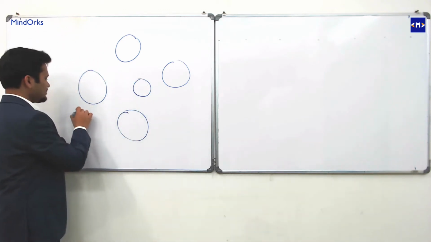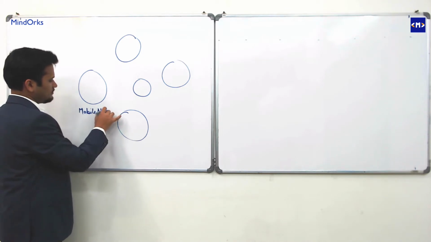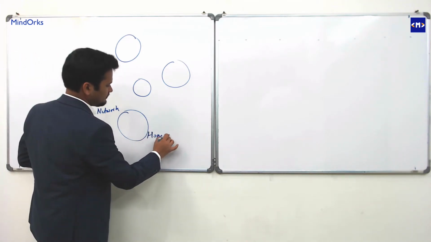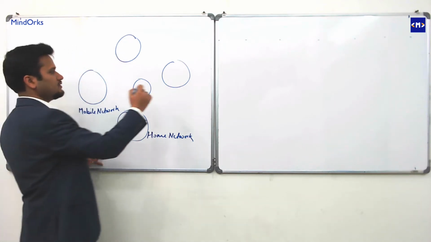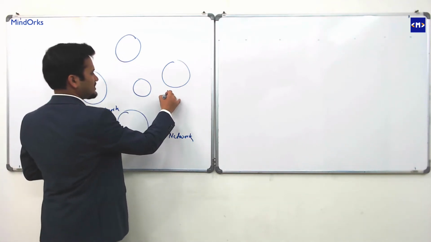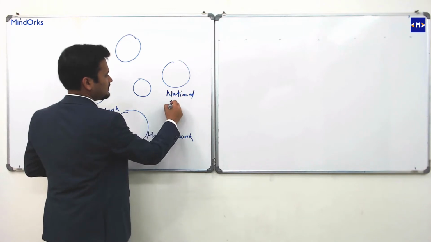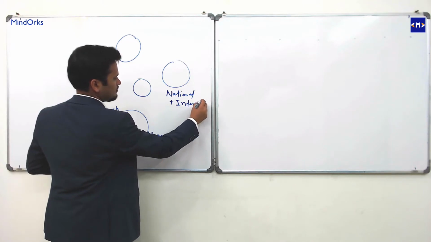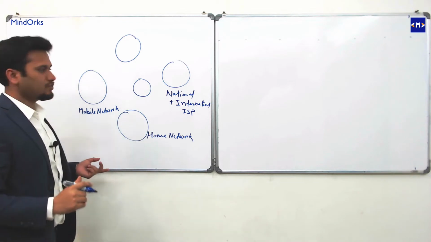For example, this will be the mobile network, this will be your home network, and this will be the national or international ISPs. ISPs are internet service providers.